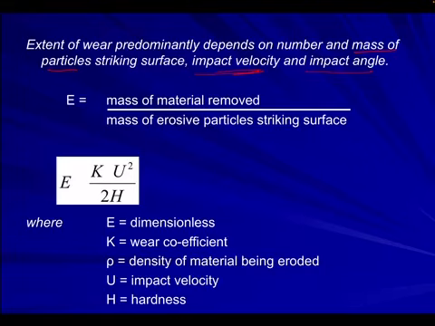So E, your extent of wear, is equal to the mass of material removed divided by the mass of erosive particles striking the surface, where E is equal to K, the wear coefficient, times the density of the material being eroded, times the impact velocity squared divided by 2 times the hardness.